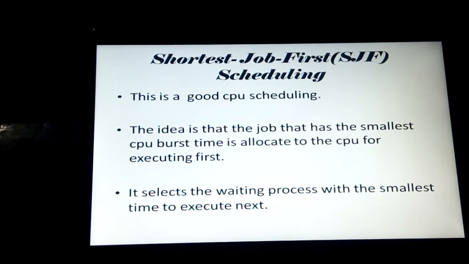In SJF, it is the best approach to minimize the waiting time. SJF is a good CPU scheduling. In SJF, the job that has the smallest burst time will be allocated to the CPU for executing first.